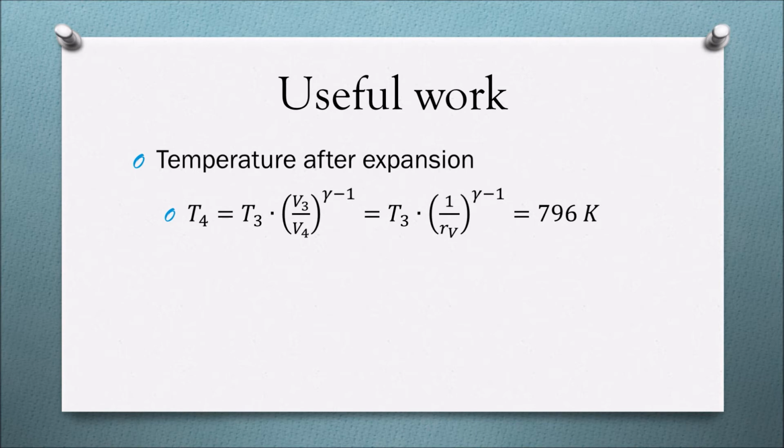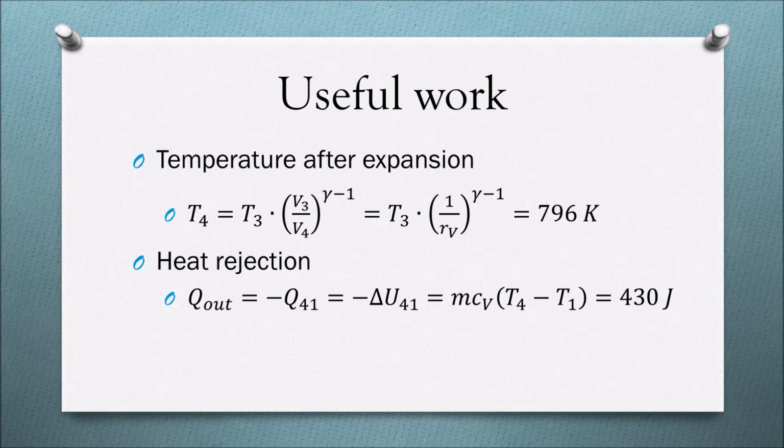Now we can calculate the heat rejection, which is -1 times the heat transfer between states number 4 and 1, as the expression heat rejection already indicates minus sign, as heat rejection is always a negative heat transfer. The heat transfer equals the change of the internal energy. The formula is similar to the one in case of the heat addition.